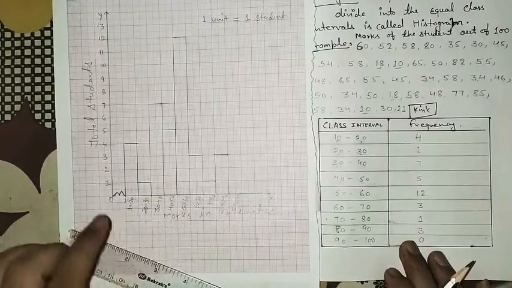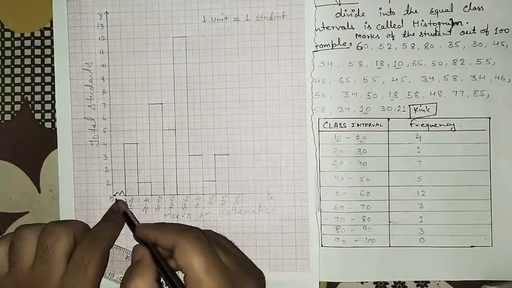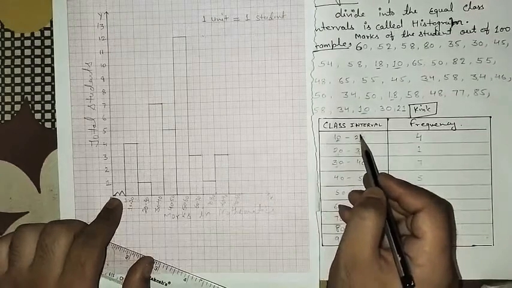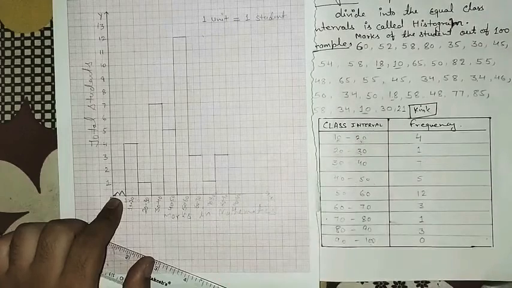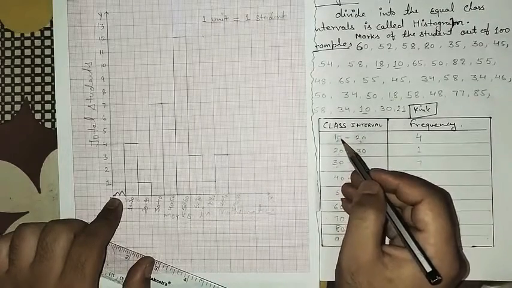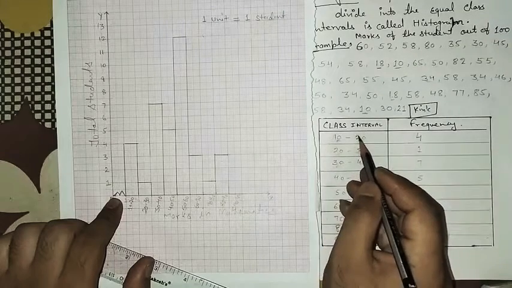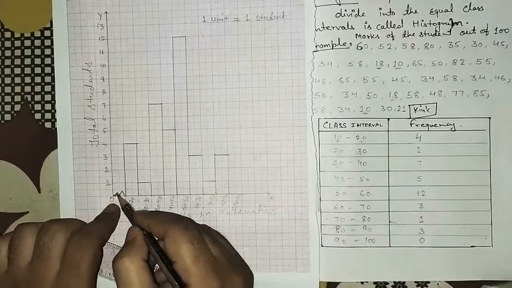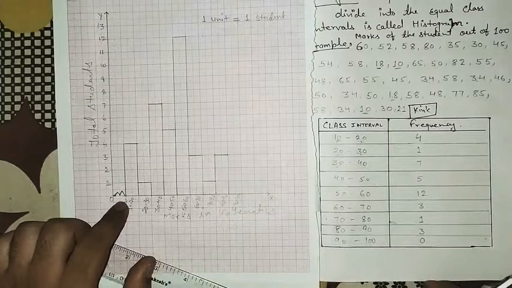It is very easy. You have to remember one thing: if data is not started from 0, again I am repeating it, like your data is starting from 100 to 200, 200 to 300, but there is no data between 0 to 100, that's why we will put a symbol called the kink.